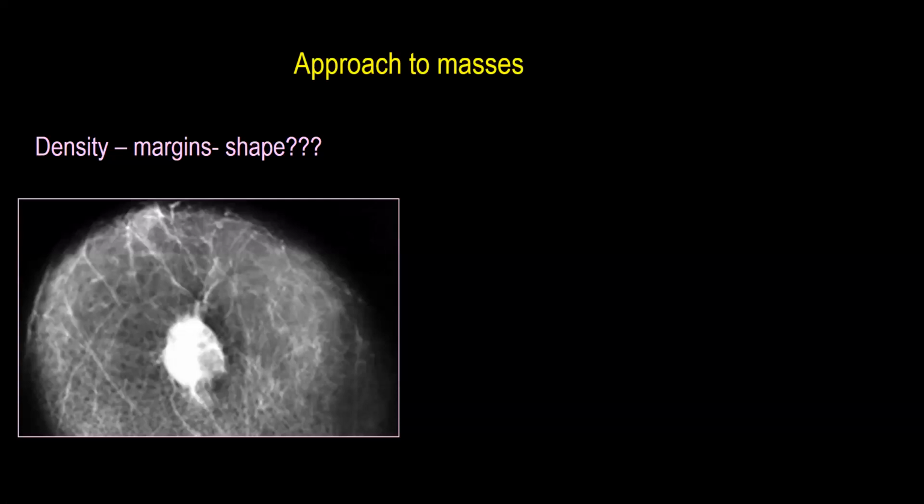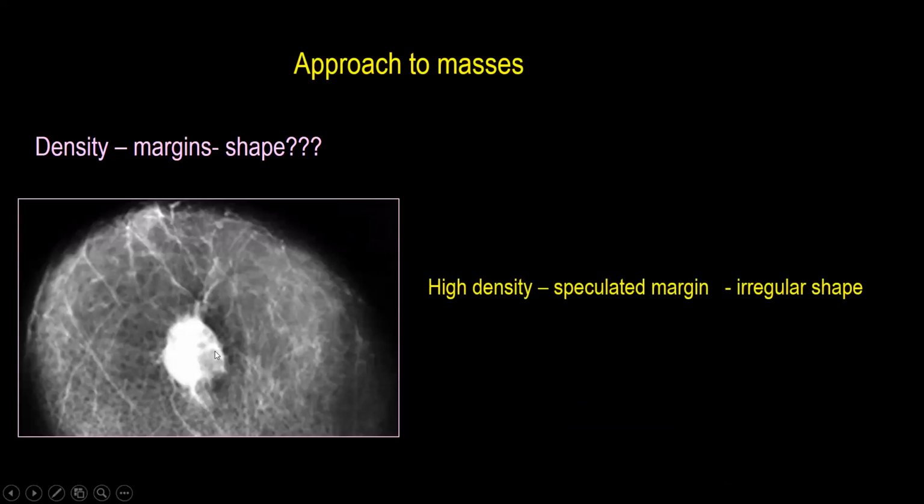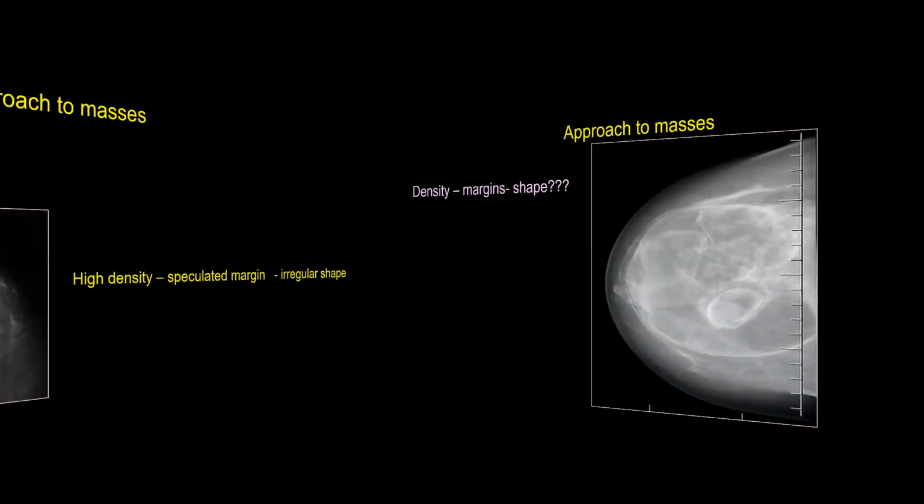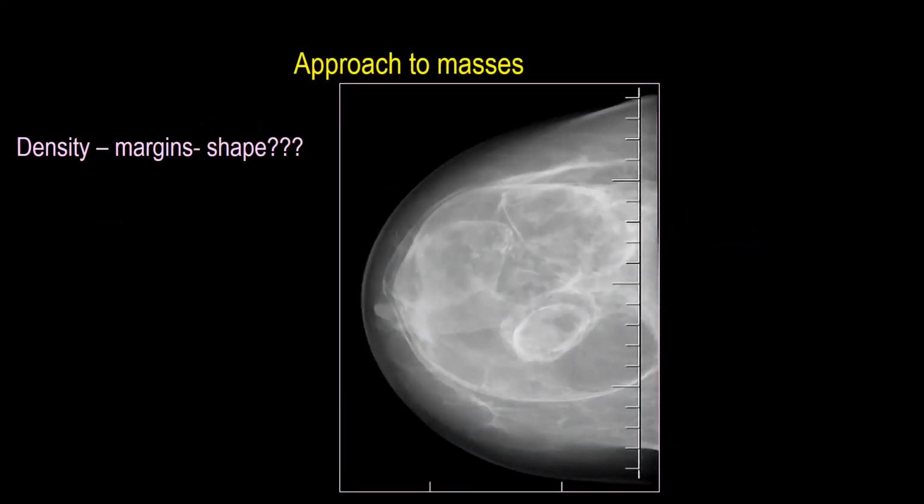I will take it as a suspicious mass with a heterogeneous area. Look here, the area of probable necrosis where there are long spicules. This is high density, spiculated margin, irregular shape. Excellent.